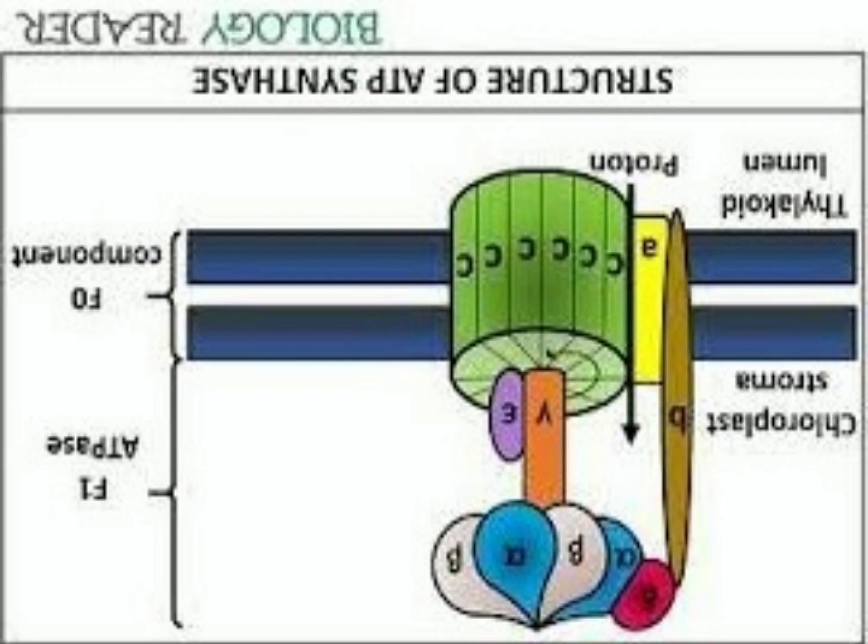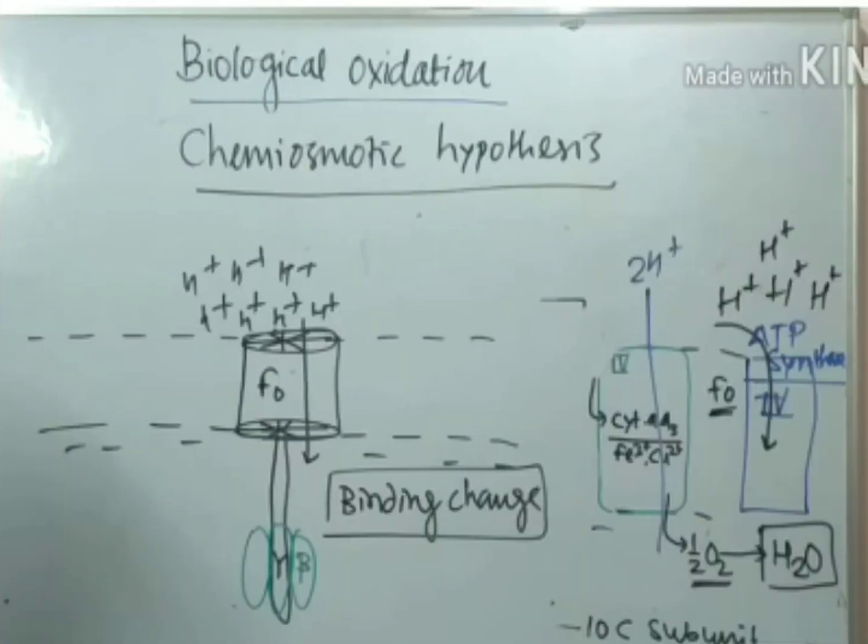With this there is a gamma handle attached, and with the gamma handle alpha and beta subunits are attached. Omega subunits are also attached with it. These are all known as the F1 subunit of the ATP synthase, and the 10 carbon subunit is known as the FO subunit. This is the structure of ATP synthase.